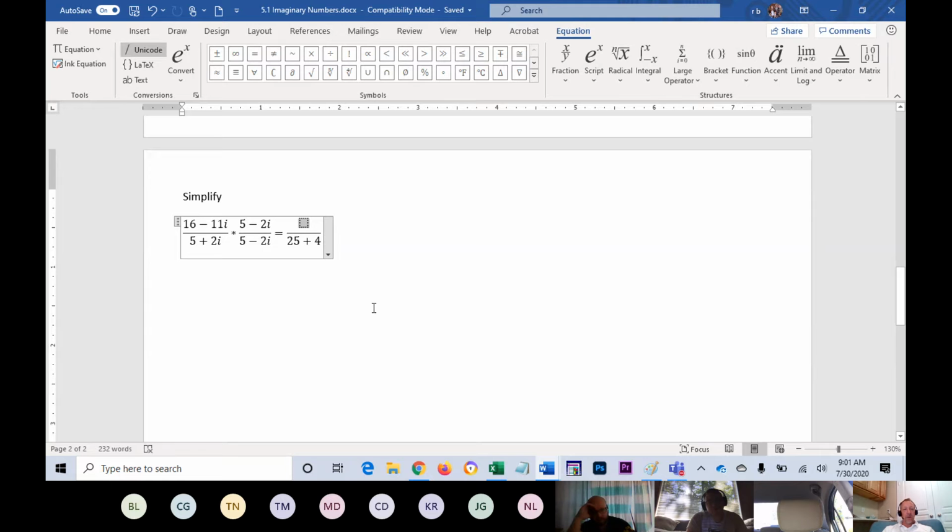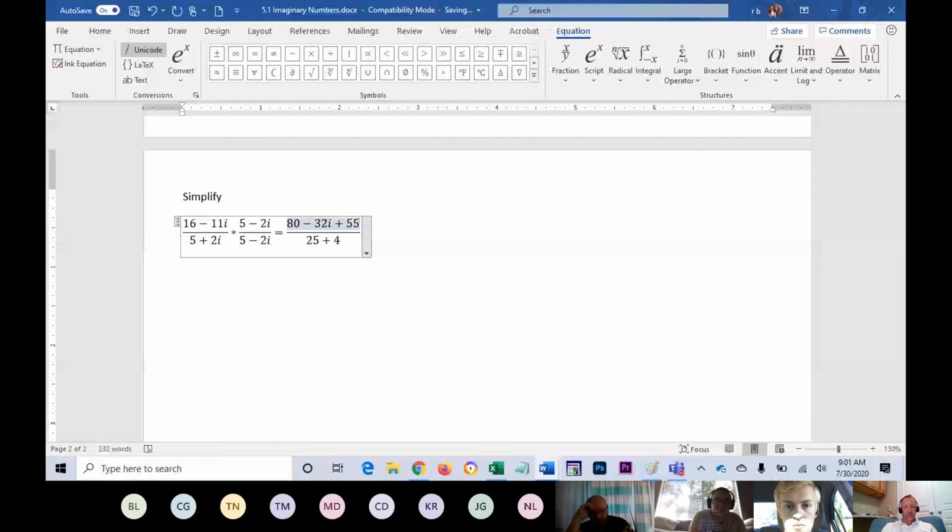Now we've got to FOIL out the top. So on the bottom we can FLA, but on the top we need to FOIL. Okay. So can you help me FOIL that out? So it would be 16 times 5, which is 80. So 80 minus 32i minus 55i plus, well, minus 22.